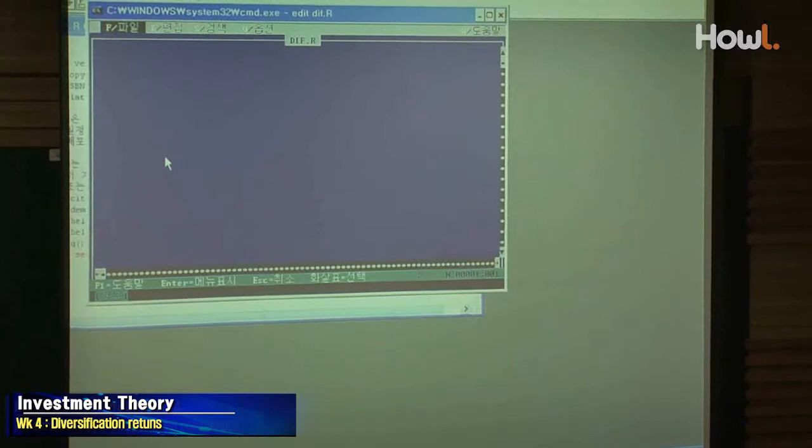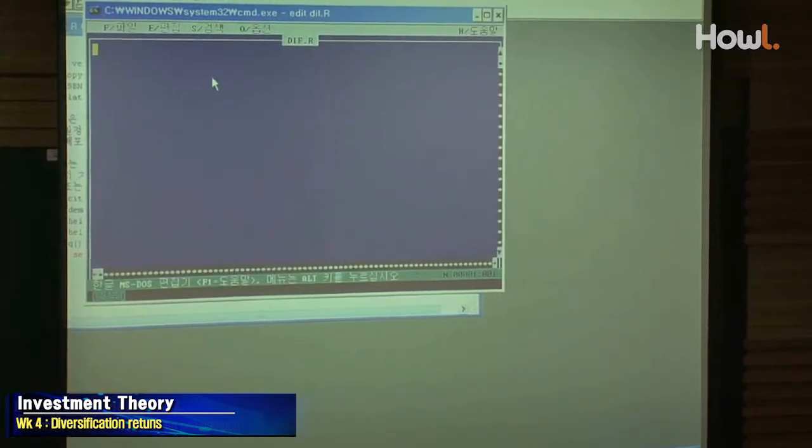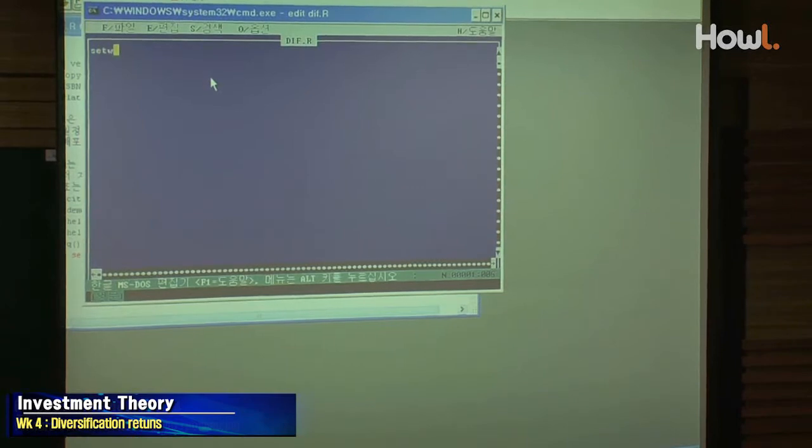So the working directory is basically C and temp.